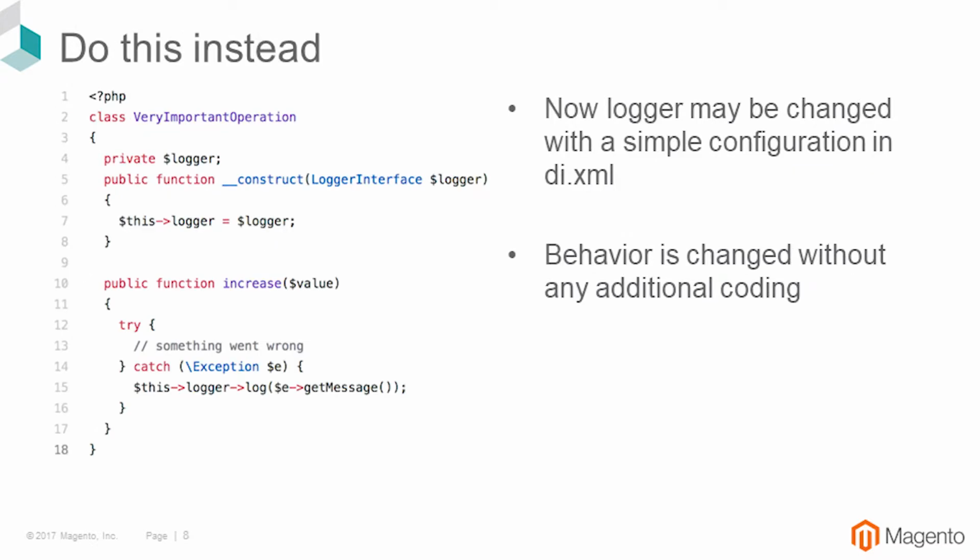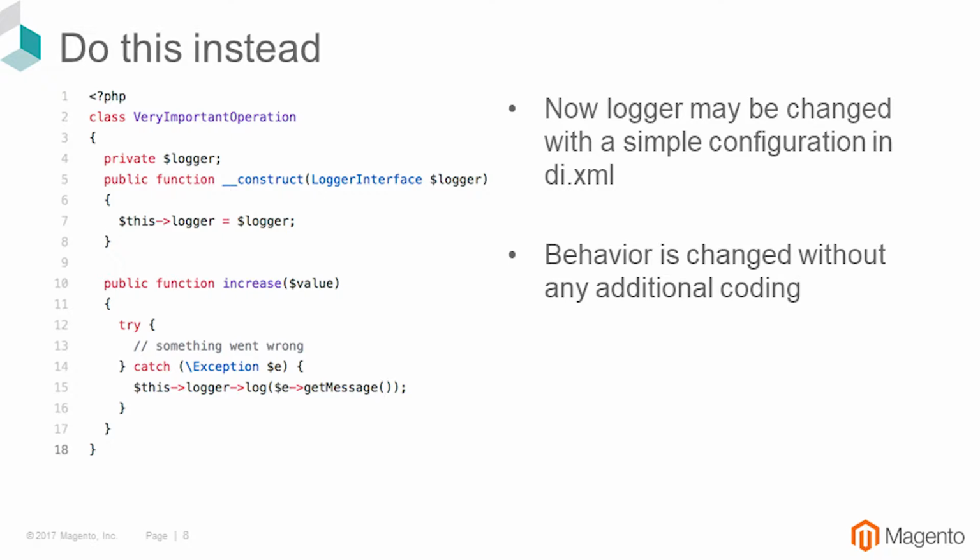So much better to use dependency injection, constructor injection, and at this point you just provide an interface, and then you can configure which class implementing that interface will work. So yeah, that's basic.